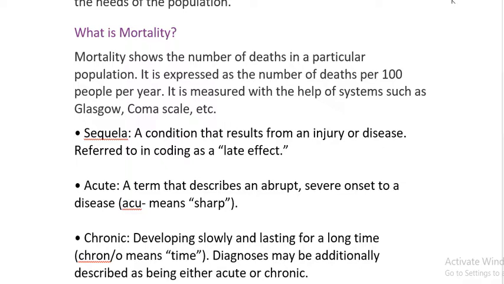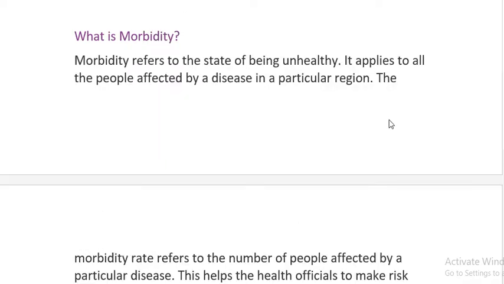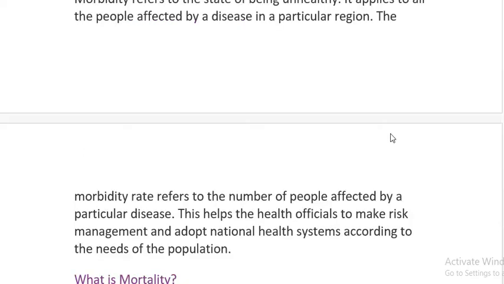We have one more word, morbidity. Basically, morbidity refers to the state of being unhealthy. It applies to all the people affected by a disease in a particular region. The morbidity rate refers to the number of people affected by a particular disease. This helps health officials make risk management plans and adapt the national health system according to the needs of the population.